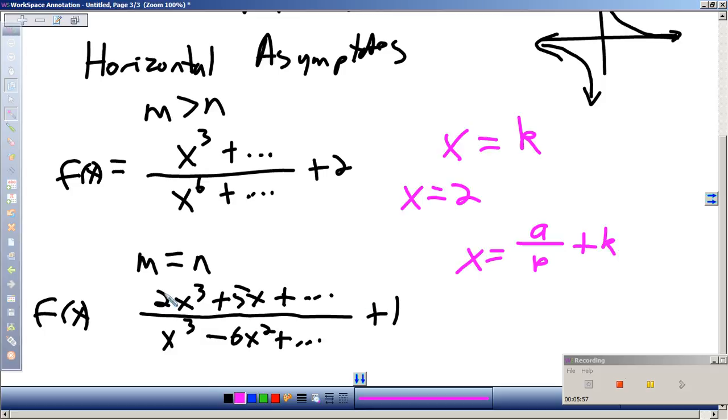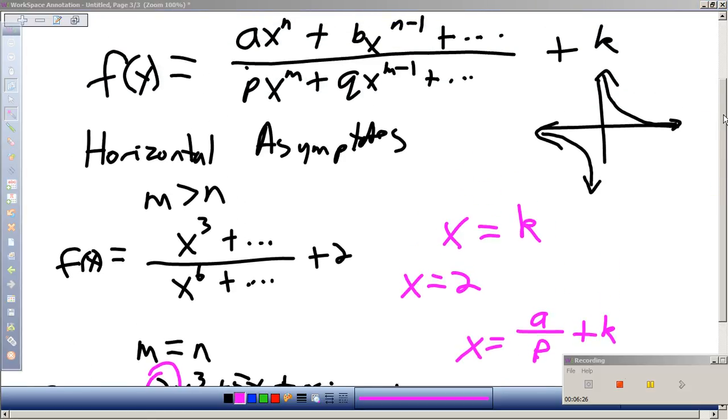Notice we take the coefficients and divide them. The coefficient on top is 2. What's the coefficient on the bottom? 1. So 2 over 1 plus k. So in this case, it would be 2 over 1 plus 1, which is 3. So we get y equals 3 in this case. I'm going to make sure it's clear.